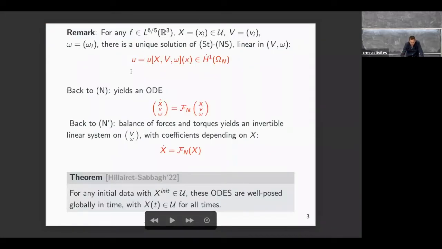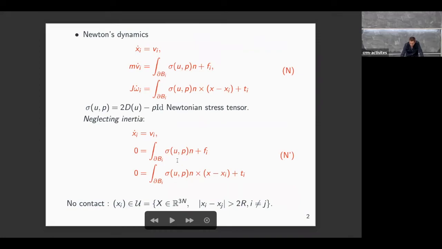I mean, in an abstract form, you can then plug this U inside Newton's relations, and you are left with an ODE. So what we are considering here is an ODE on X, V, omega, but of course, you don't really want to look at it as an ODE system. If you are in the inertialess regime, N prime, then you can decompose a bit, meaning that you can have a look at the balance of forces and torques, and this will give you a linear system on the velocities, Vi, omega i, and it's easy to see that this linear system is invertible.